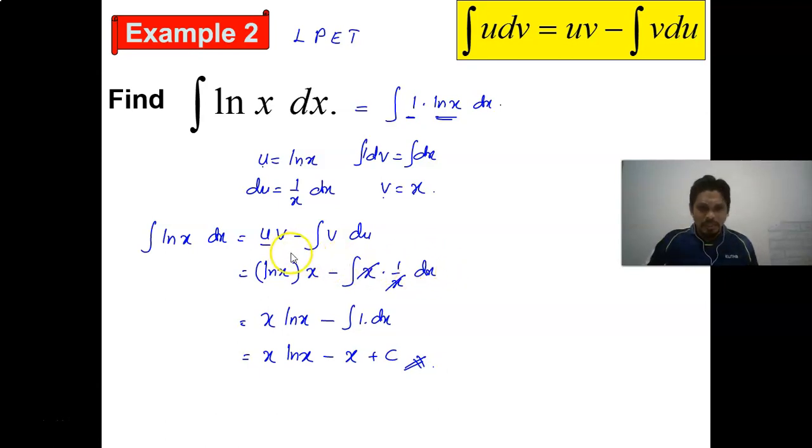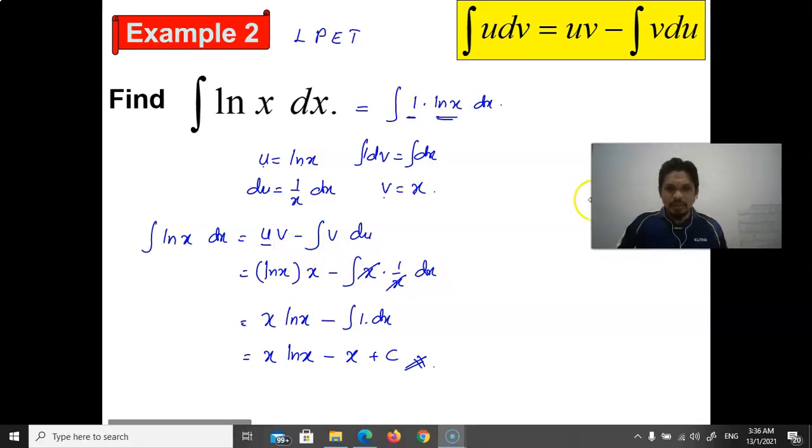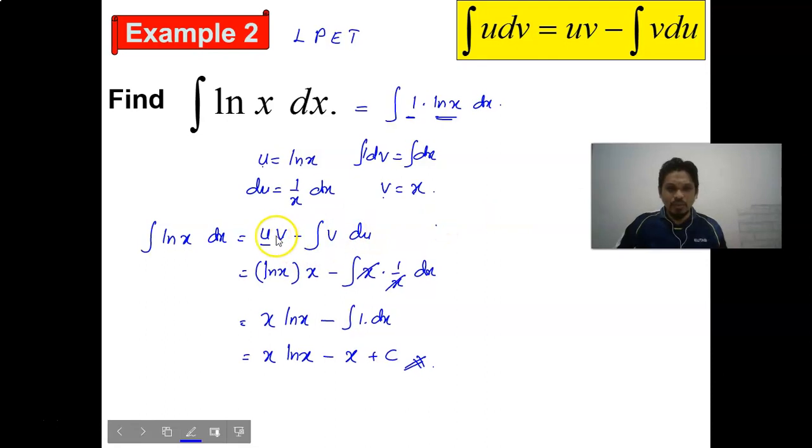If I did not use a different color between u and dv to explain the substitution, I do hope that all of you understood. When u equal to ln x, v equal to x, the integral of v, which is x, and also du equal to 1 over x dx.